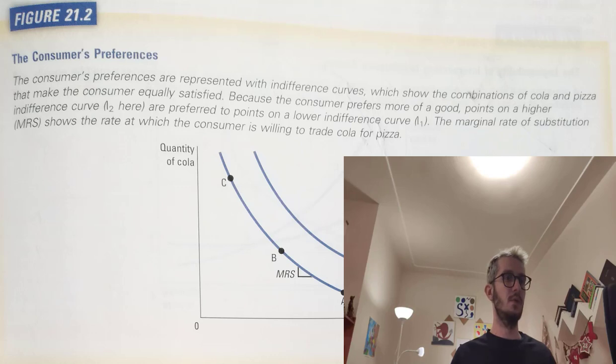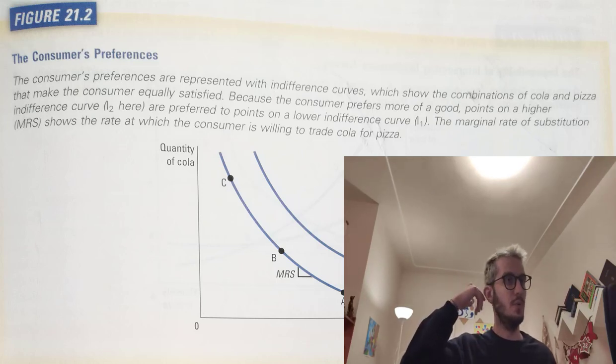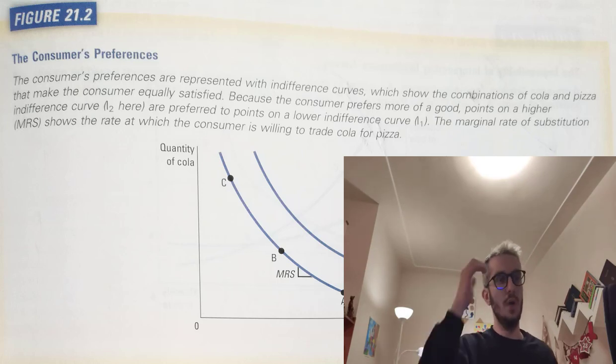Great. Then there's this concept in economics called consumer's preferences. In economics, the consumer's preferences are represented with indifference curves, which look like waves, different curves, which show the combinations of cola and pizza, to take the previous example, that make the consumer equally satisfied.